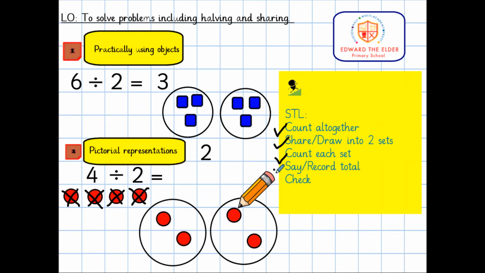Step 4, say and record the total. 4 divided by 2 equals 2. And as always, final step, check your answer. 4 divided by 2 equals 2. Children will then move on to dividing using a number line.